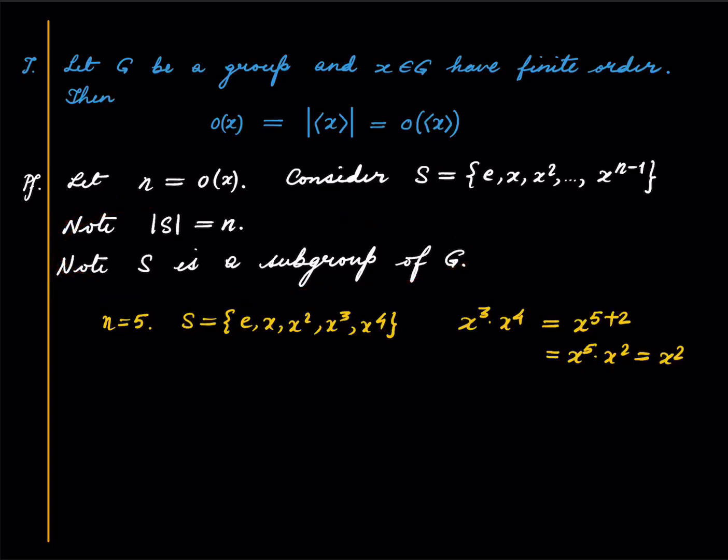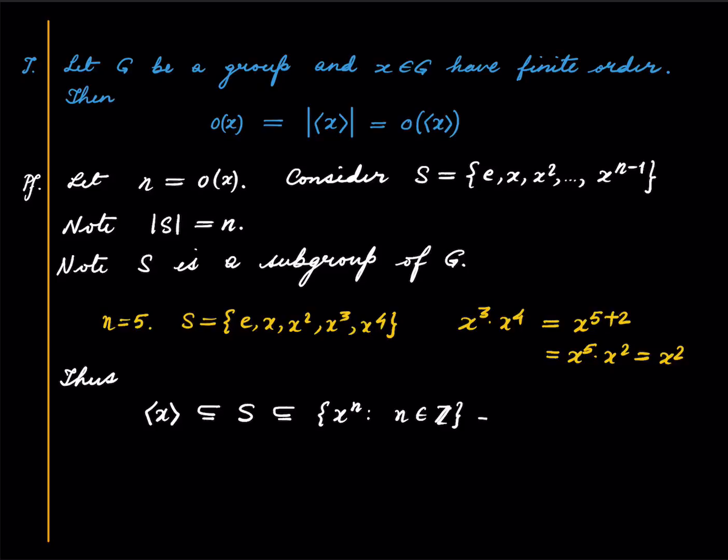Nothing very hard here. So since the subgroup generated by x is the intersection of all the subgroups that contain x, the above working in particular shows that this subgroup generated by x is contained in S, because S is a particular subgroup that contains x. But clearly S is contained in this set.